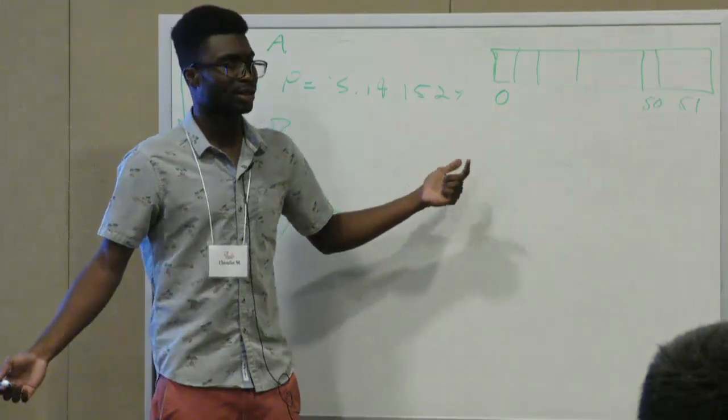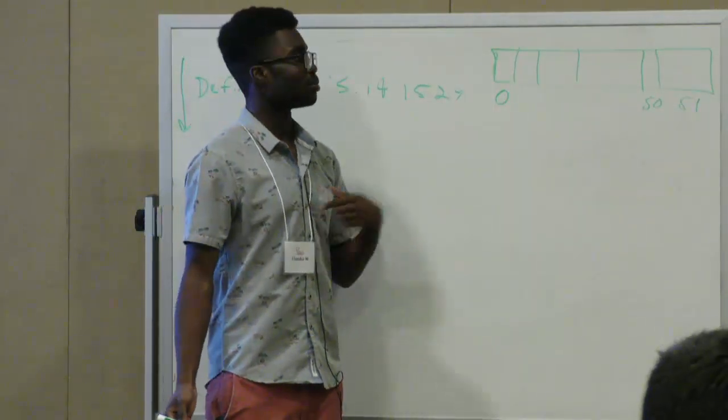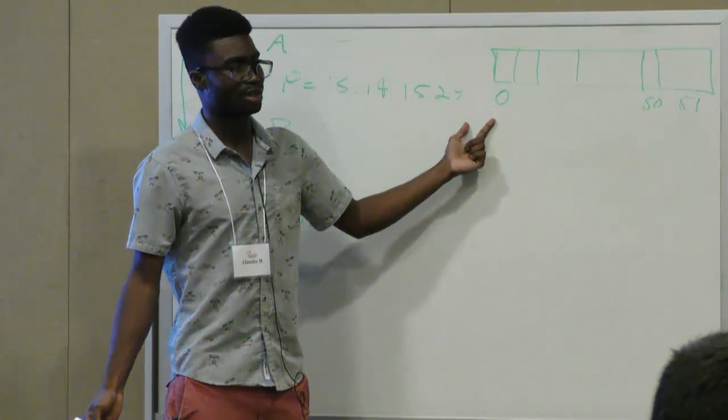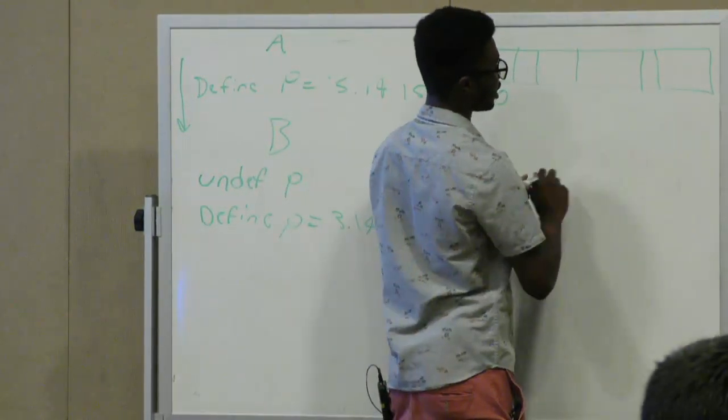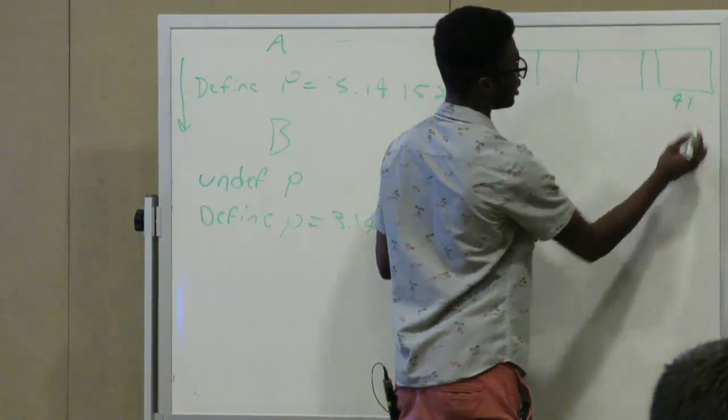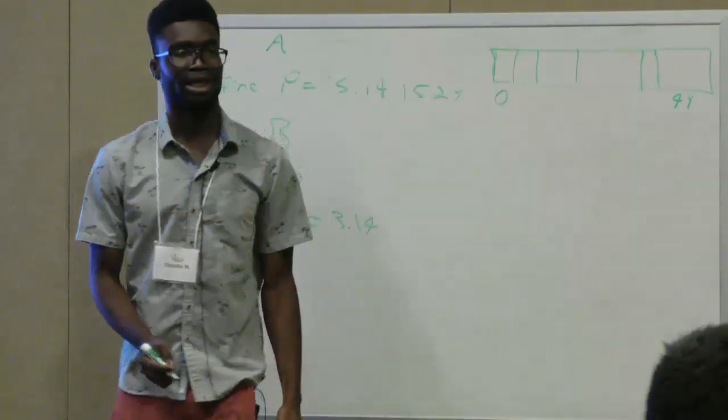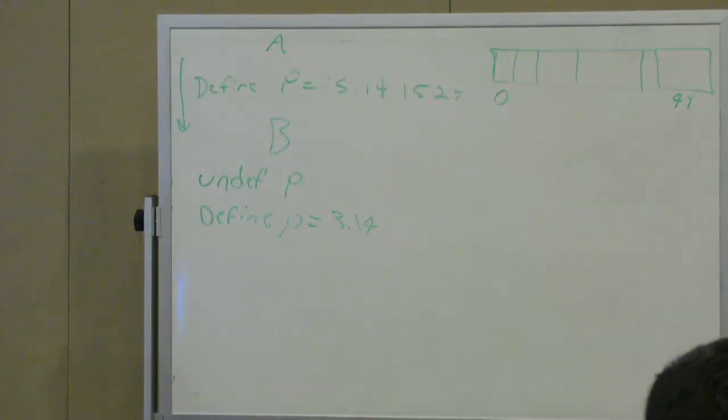Traditionally, we like to count from 1, but arrays like to count from 0. So if I had an array that had 50 elements in it, the last element is actually element 49. So remember, when you're accessing an array, the values go from 0 to the size of that array minus 1.